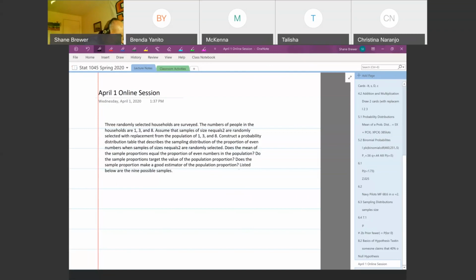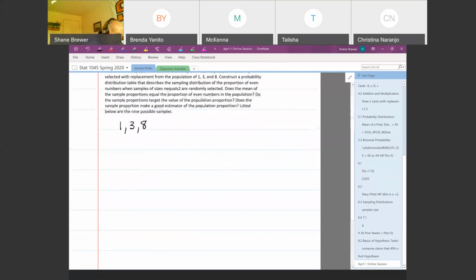Okay, so the idea is we've got this population, and the numbers of people in households are 1, 3, 8. That's our population. And we're going to take all the samples of size 2 with replacement.